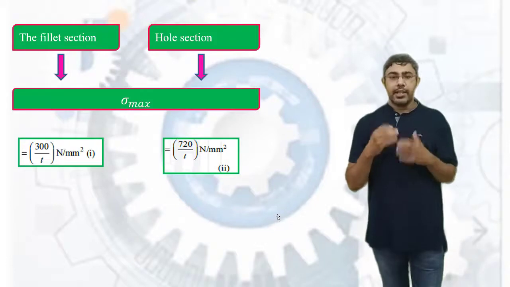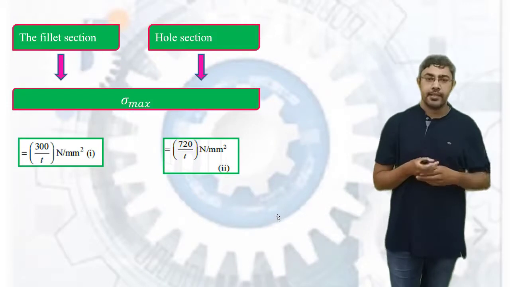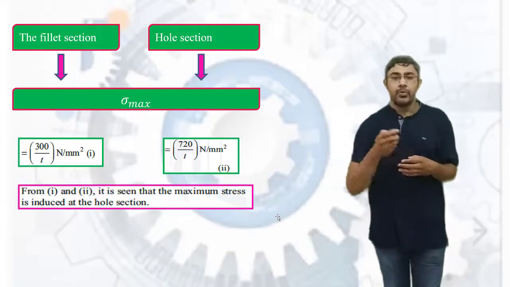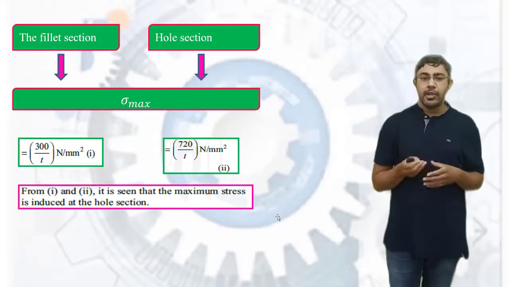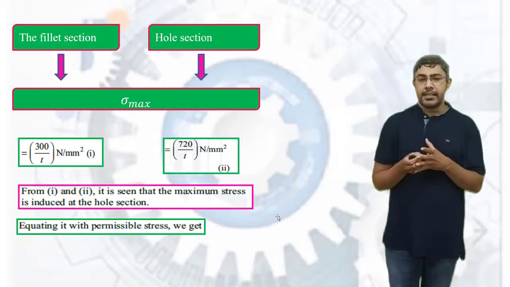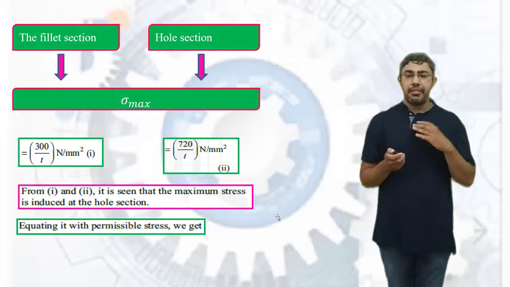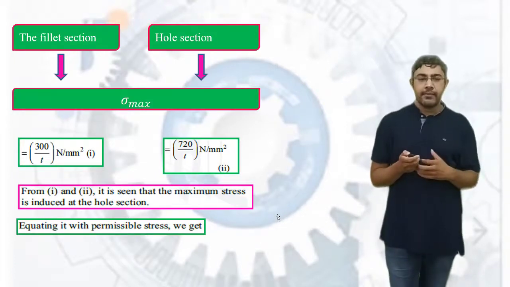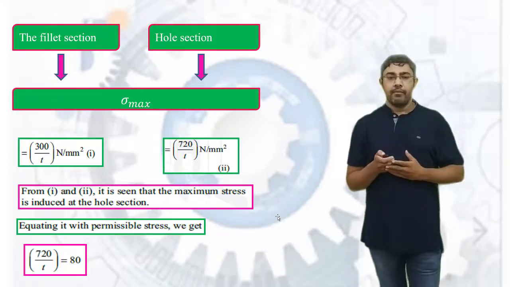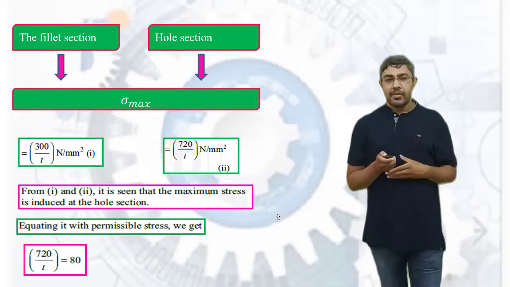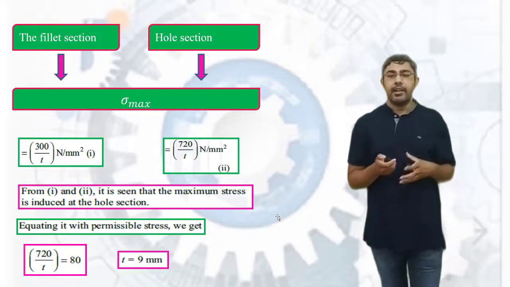To calculate the thickness of the plate, we consider the maximum stress at the wall section. From equations 1 and 2 the localized stress at the wall section is higher, so we equate this stress with the permissible stress to calculate the thickness T. We get 720 divided by T is equal to 80, and solving this we get the thickness of the plate T equal to 9 mm, and that is our answer.